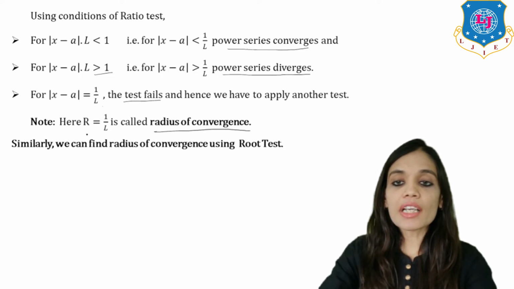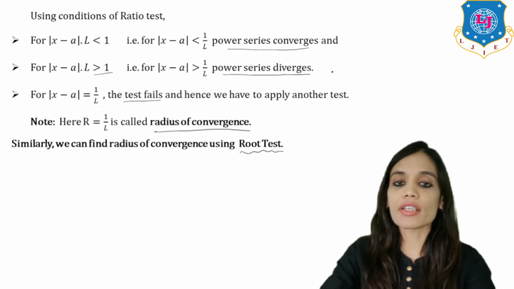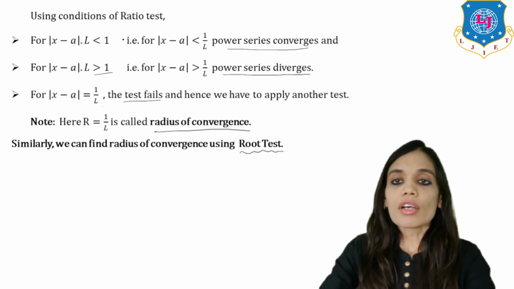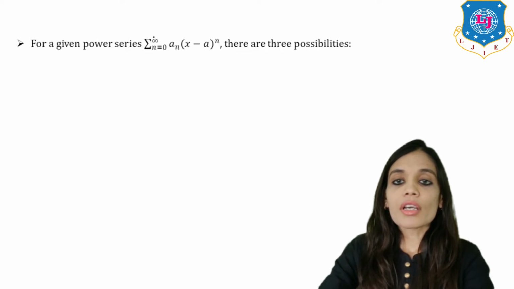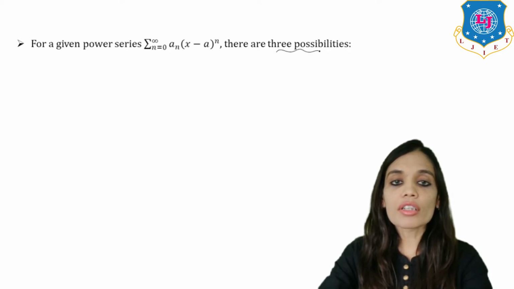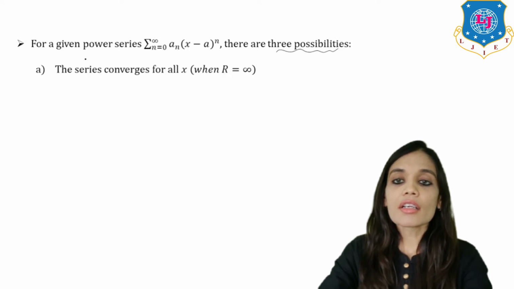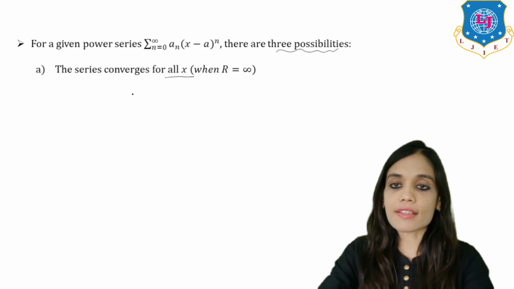Similarly, we can prove the formula of radius of convergence using the root test. Now for a given power series summation n equals 0 to infinity a_n (x minus a) whole raised to n, there are in all three possibilities. The series converges for all x when r is equal to infinity.